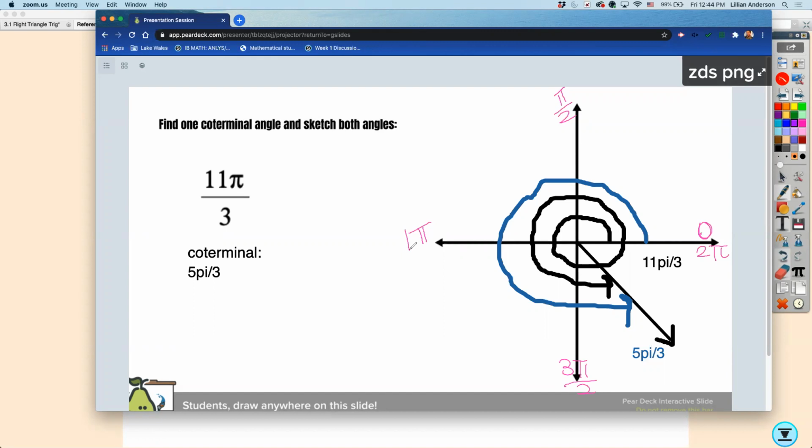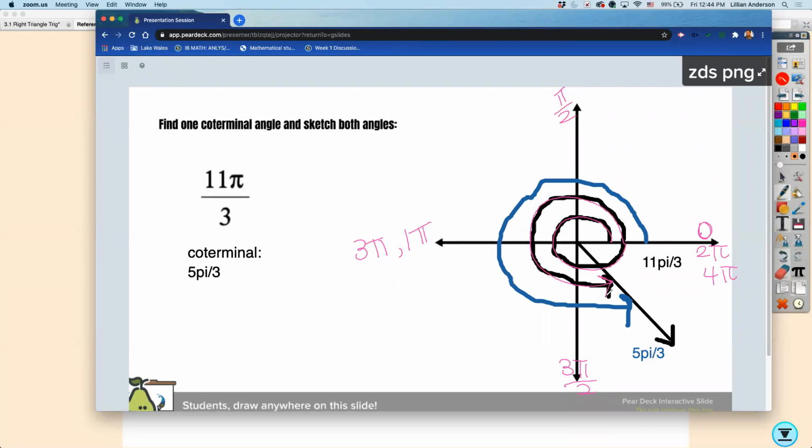If I need 3 2/3, well, I need to go to 3 pi, which would be over here, which will make this 4 pi. 2/3 is bigger than an extra half, so that's why it's in the 4th quadrant. And I've gone around one time for the 2 pi. Here's 3 pi, and then there's that remaining 2/3.